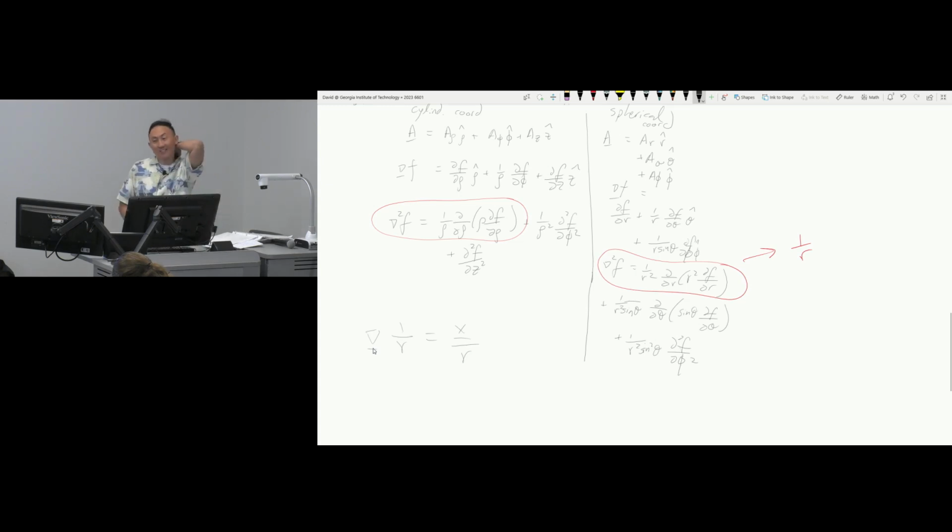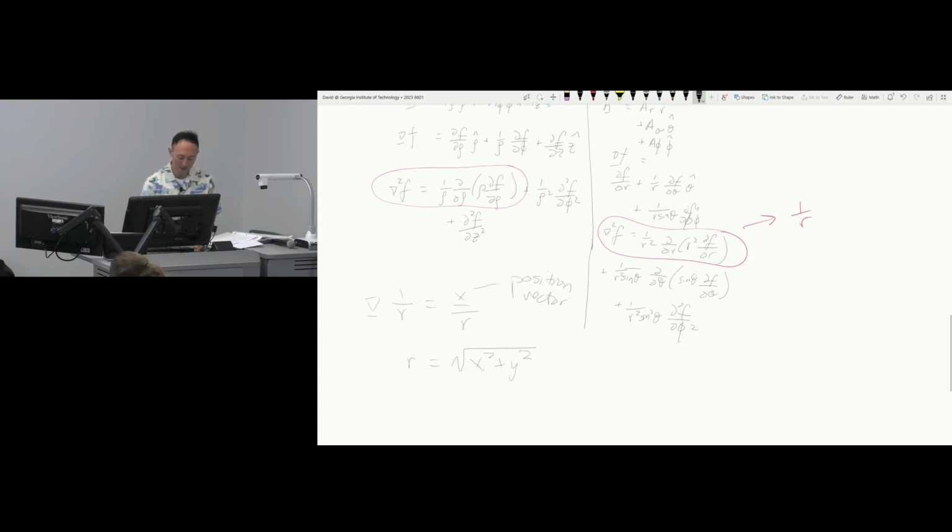Oh yeah, to do this you've got to combine Cartesian and cylindrical. That's what it is. x is a position vector. r is always, in 2D, x squared plus y squared, and in 3D it's basically plus z squared. And we said that in the homework.